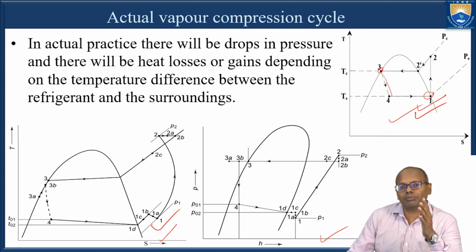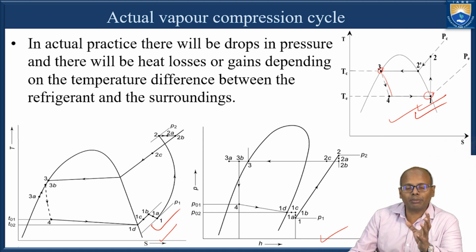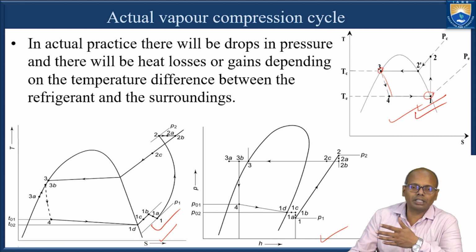And because of the change in temperatures, the surrounding temperatures and the temperature of the valve or the pipe or the compressor, all this equipment, because of this temperature difference, it will not follow the isentropic process, wherein the temperature should be constant, but here the temperature exchange will be there.